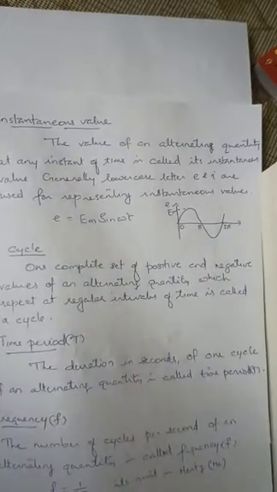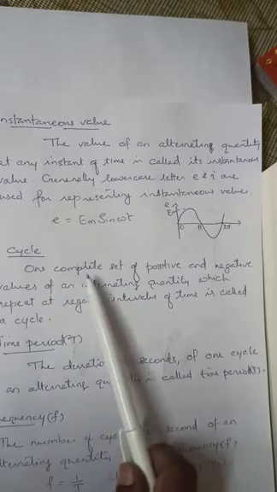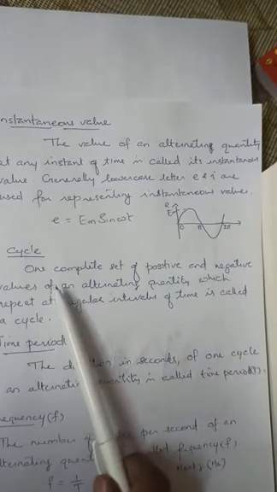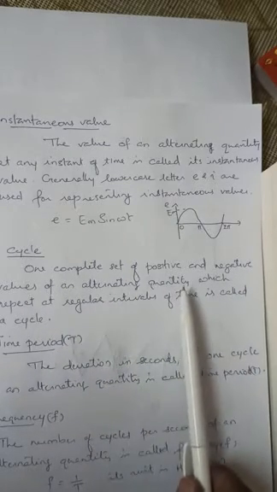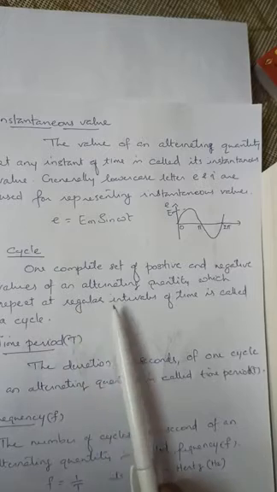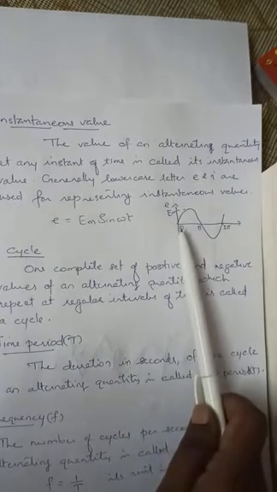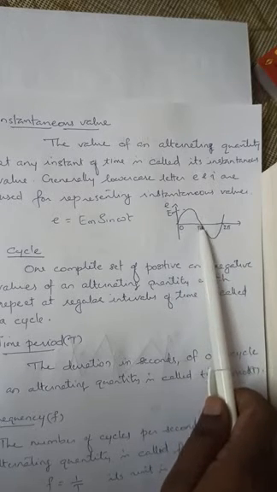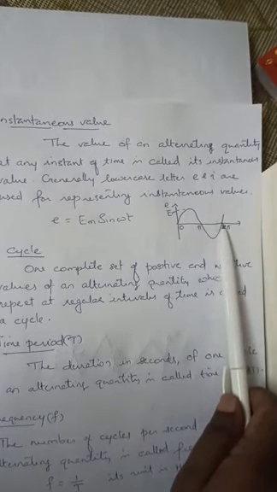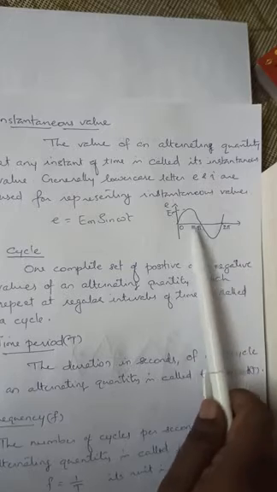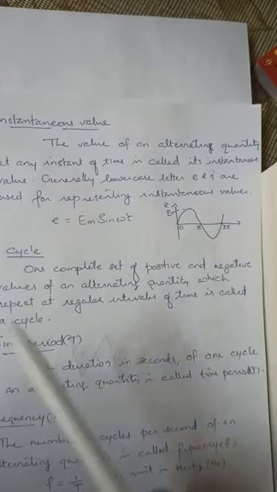Now coming to cycle. One complete set of positive and negative values of an alternating quantity which repeat at regular intervals of time is called a cycle. Here, one complete set of positive and negative values constitutes a cycle. This is one cycle of EMF.